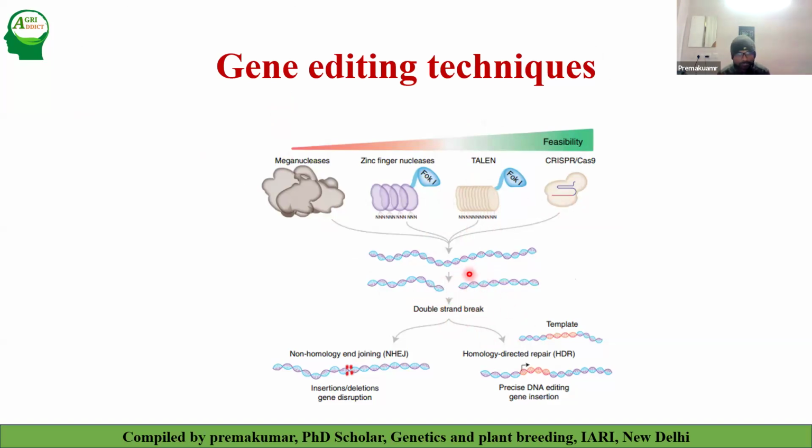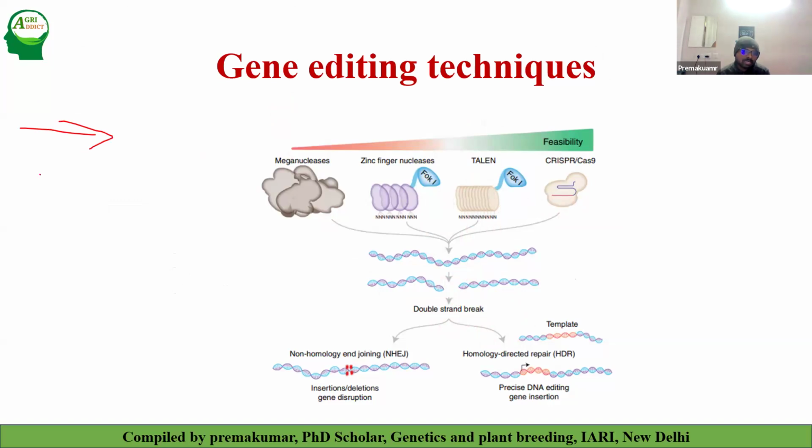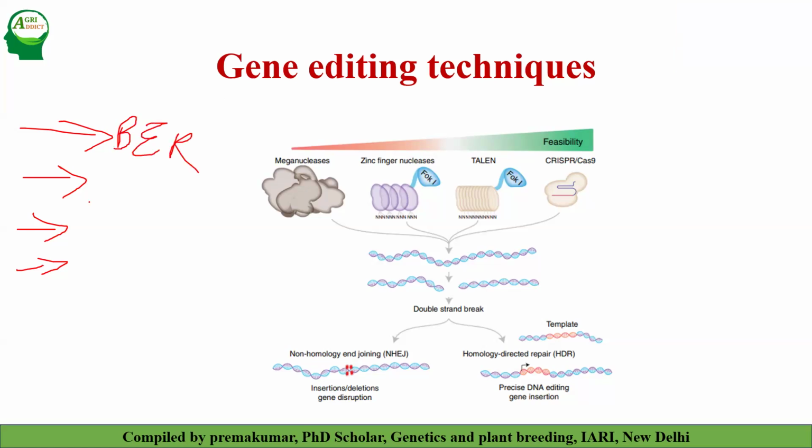The cell has to repair it. What are the different repair mechanisms available? What are the different DNA repair mechanisms? At least you should tell the subheadings. Base excision repair. Nucleotide excision is there.